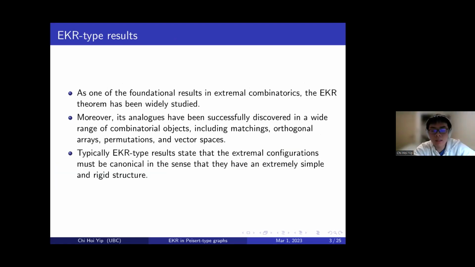The Erdős–Ko–Rado theorem is a fundamental result in extremal combinatorics, and there are many generalizations, many analogs. For example, in matchings, orthogonal arrays, permutations, vector spaces, we can all talk about Erdős–Ko–Rado type results. Usually, an Erdős–Ko–Rado type result says that if we want to consider the extremal configurations, then usually they must have some simple construction.